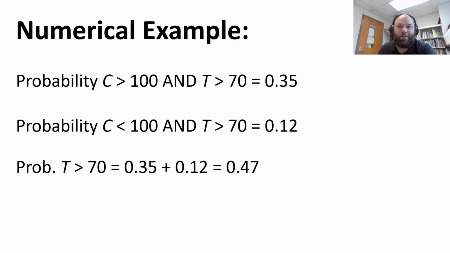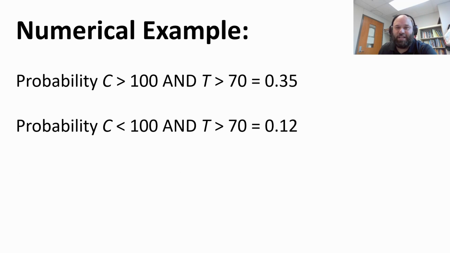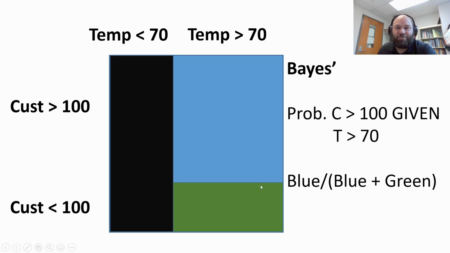Obviously it looks different in my figure, but this is the probability that the temperature is bigger than 70 degrees based on this data. So if these numbers were accurate, this black region should be a little bit more than half. I didn't draw it right.